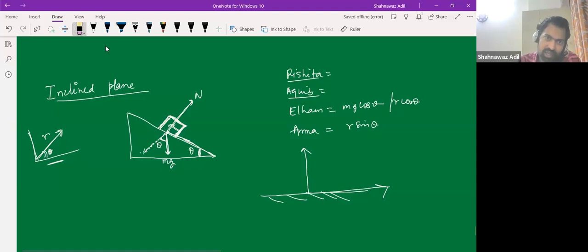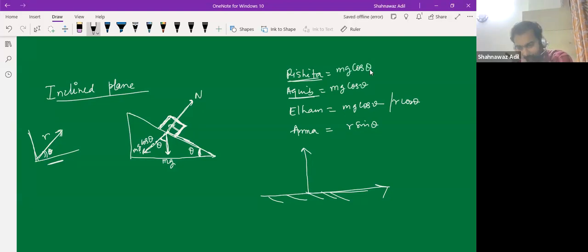So this is theta and this part. You said that this is mg cos theta. Mg cos theta, sir. So now you see we have a majority. In the previous case, we didn't have any majority. So yeah, we want to change the answer.